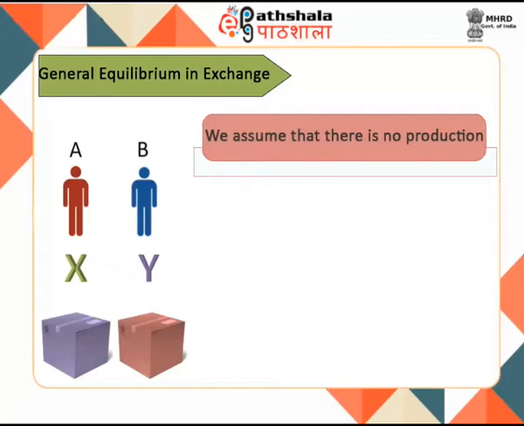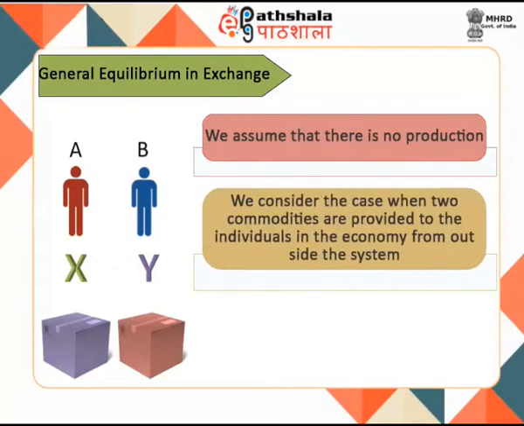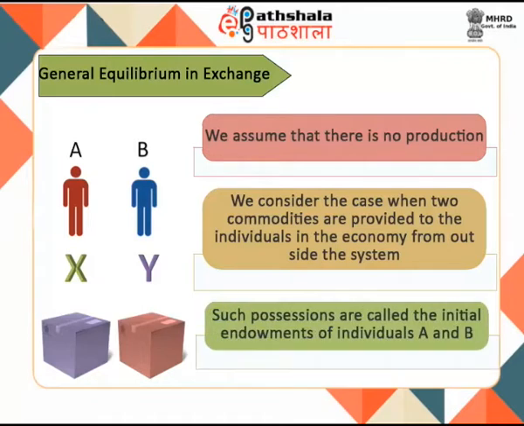That is, we consider the case when two commodities are provided to the individuals in the economy from outside the system. Such possessions are called the initial endowments of individuals A and B.